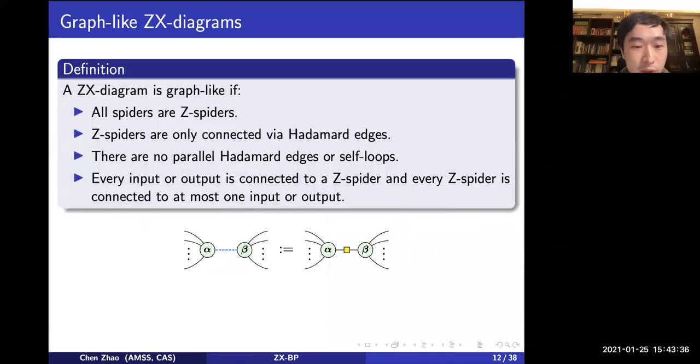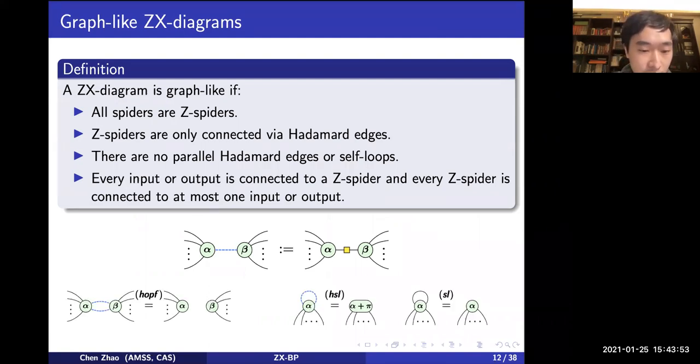We will focus on a canonical form, the graph-like ZX diagram, where all spiders are Z spiders, and Z spiders can only be connected with Hadamard edges. Parallel Hadamard edges can be removed, and self loops can also be removed.